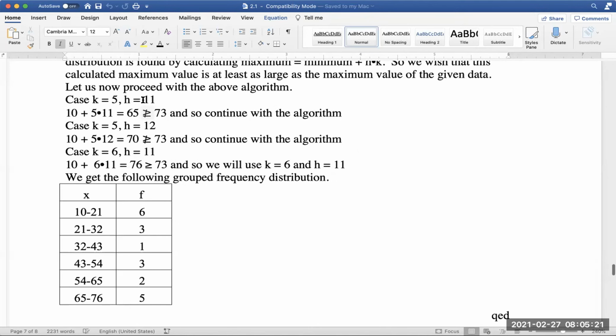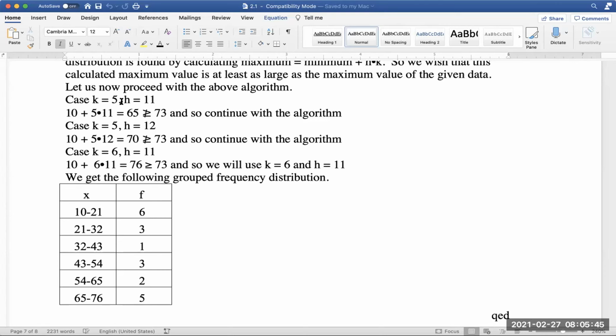So we then added 1 to the place value of the H. And so I got 12. And so now we check. 10 plus 5 times 12, 60, plus 10 is 70, which again is not greater than 73. We have to keep going.